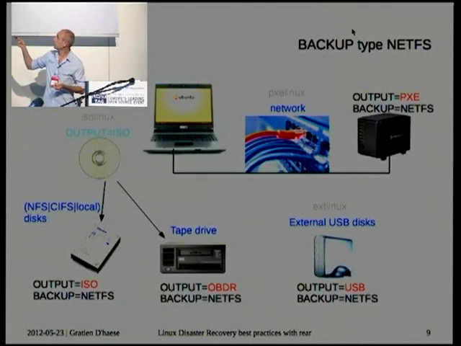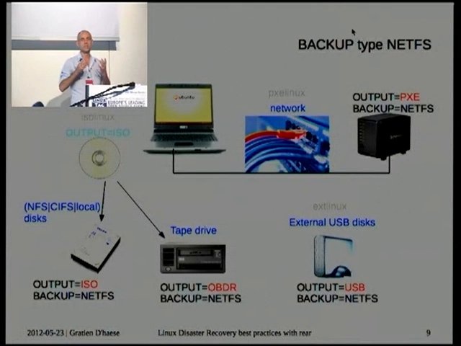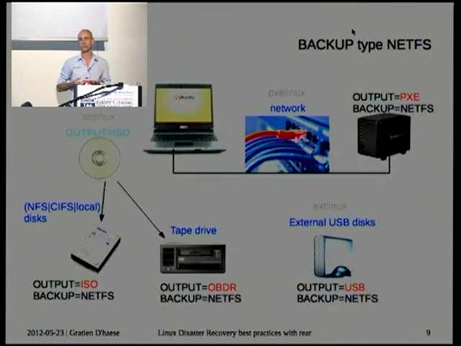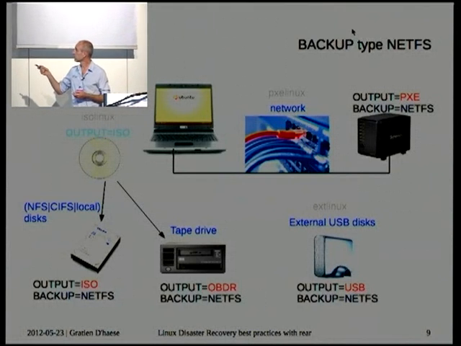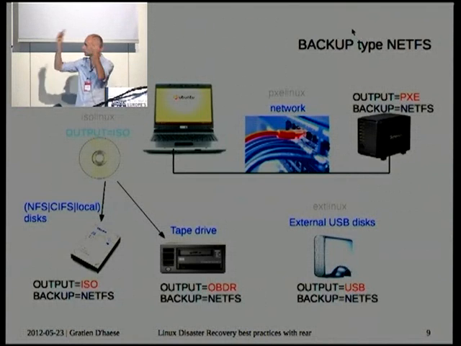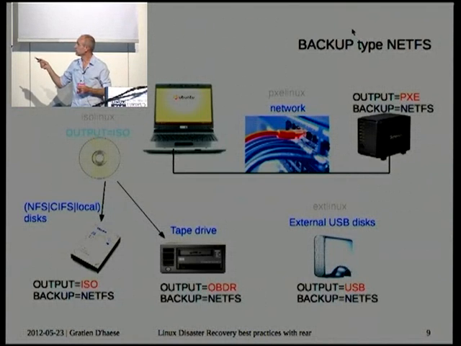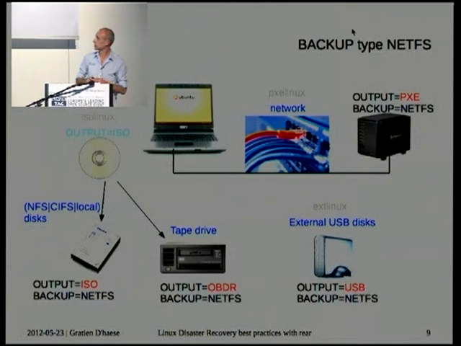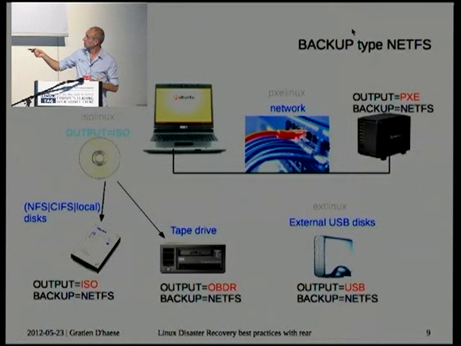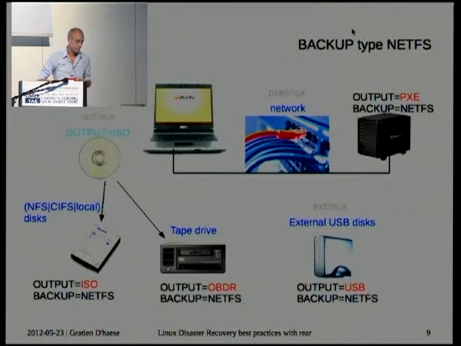And for tape, we use EXTLINUX, so that means the USB drive will have to be formatted with an ext3 or ext4 file system format, and the output is USB, but the NETFS backup, so it's NETFS, that's a collection, and the output is USB, but then we will also put the backup and the bootable image on the USB disk. So ISO on tape, well, it can be NFS, CIFS, local, or the tape drive with the one-button disaster recovery, USB, or PXE over the network.